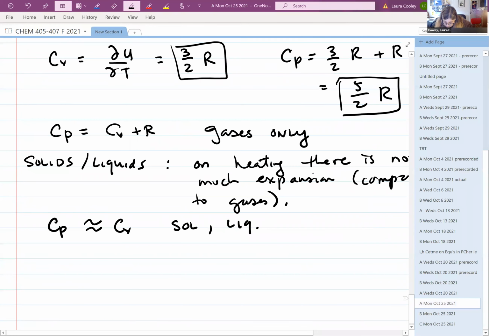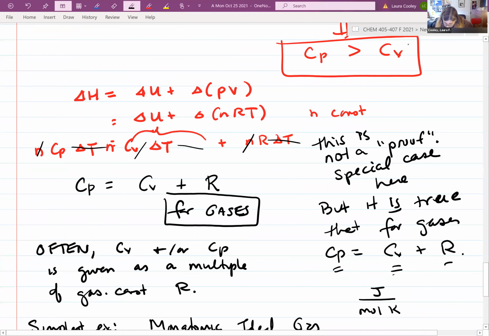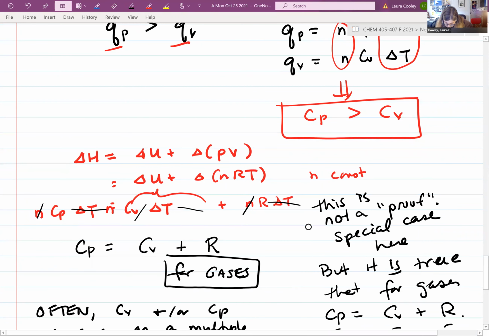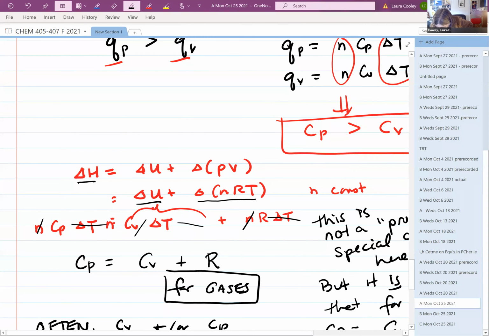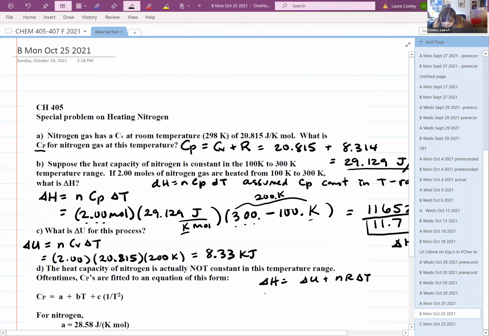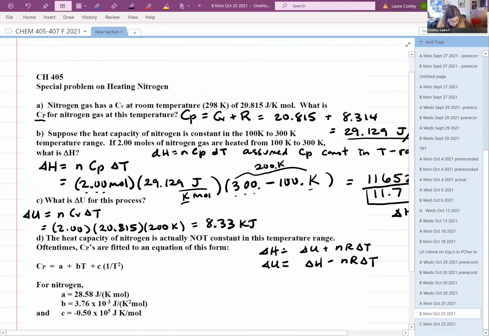Let me see. Yeah, because this is delta H is delta U plus that. So delta U would be, yeah, that's right. I have the plus in there as it should be. But if you're finding delta U, that's going to be delta H minus nR delta T.